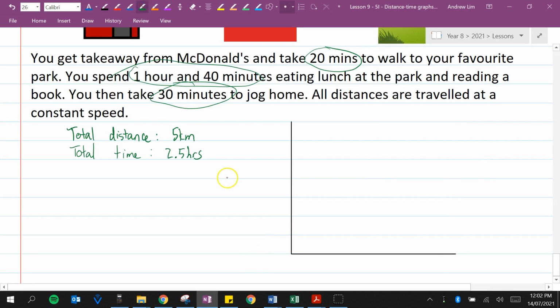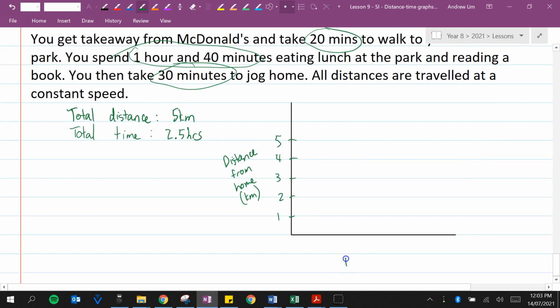Okay, so this is a distance from home. We'll just say 1, 2, 3, 4, and 5. Put that kilometers. Okay, and then we've got our time here. So this is time taken.